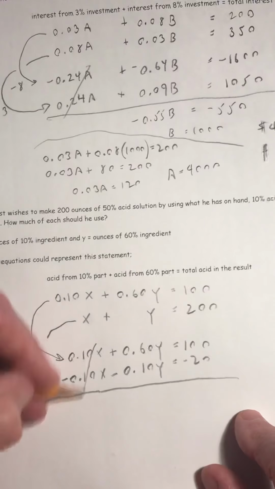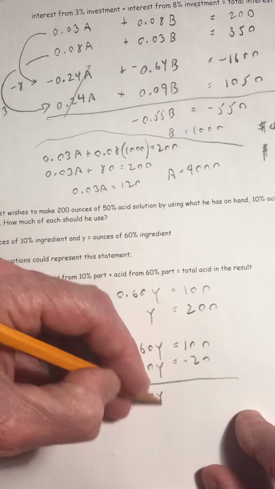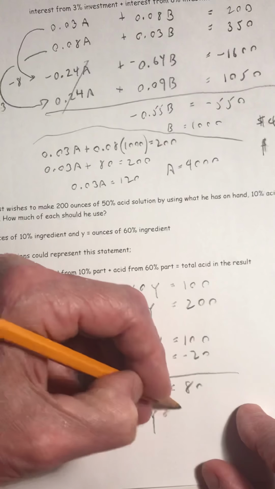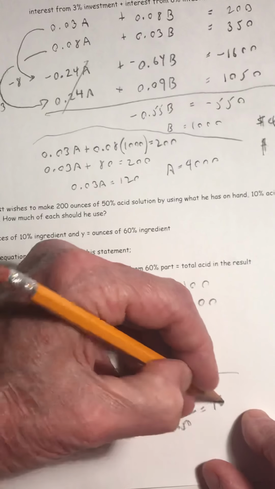Then when we add, those disappear. I get 0.50y equals 80. And if you do 80 divided by 0.50, you get 160.